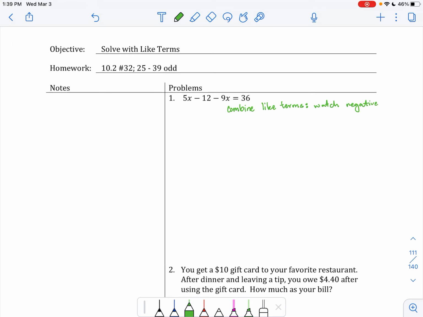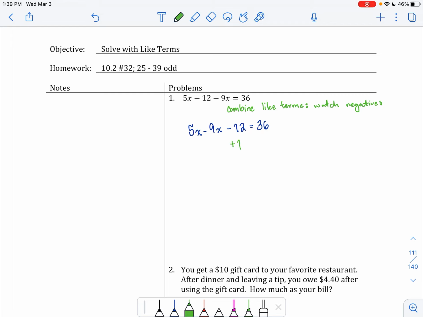So in this case, our like terms that we have here are 5x minus 9x. So 5x and 9x can simplify together, but not minus 12. That's going to be able to, we can add it over if we like for the 36, because those both don't have x terms.